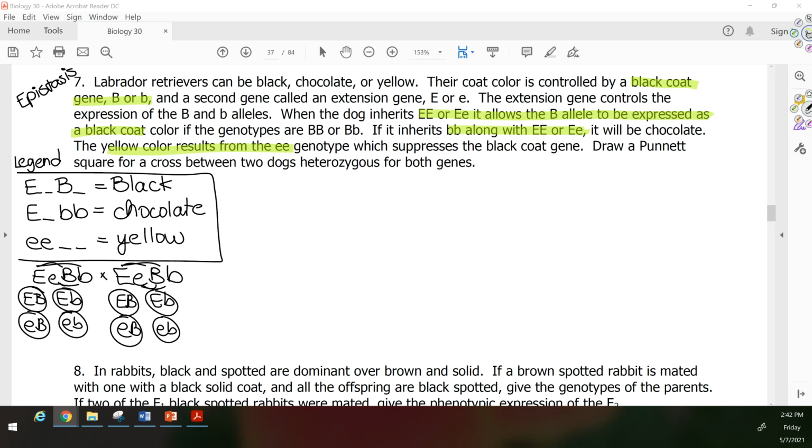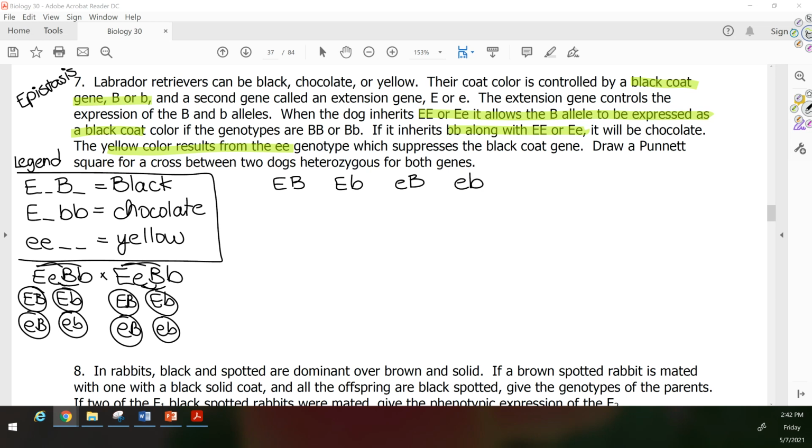Okay, so from here, I could put it into a Punnett square, and I will show you how that looks. But I'm going to also just go to the shortcut after that. So we have the 4 gametes across the top. And then if you want to fill that in later for practice, you can.